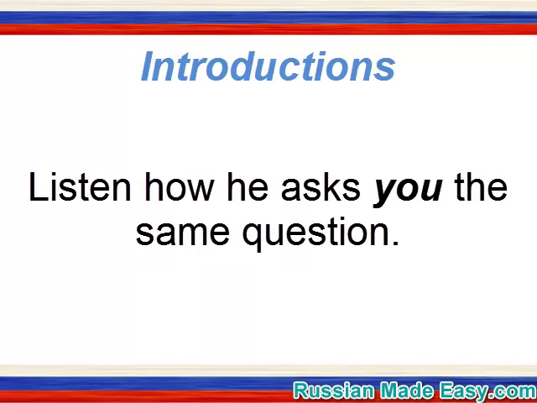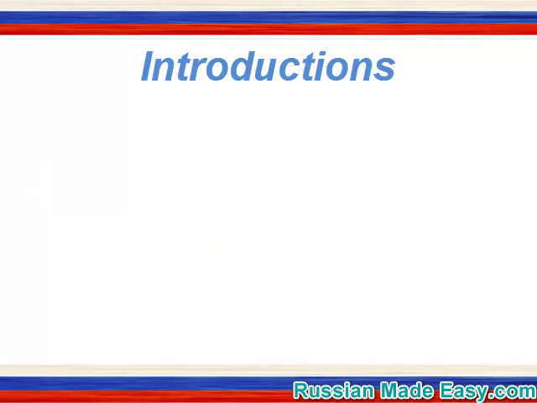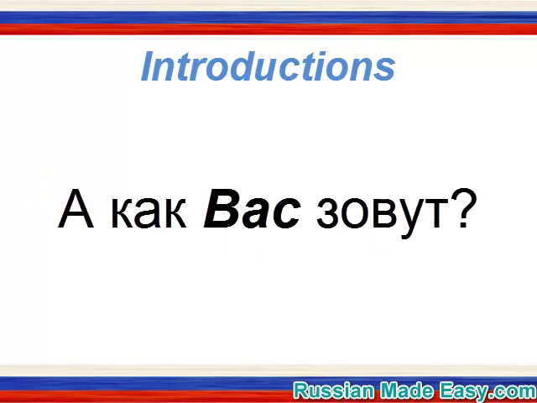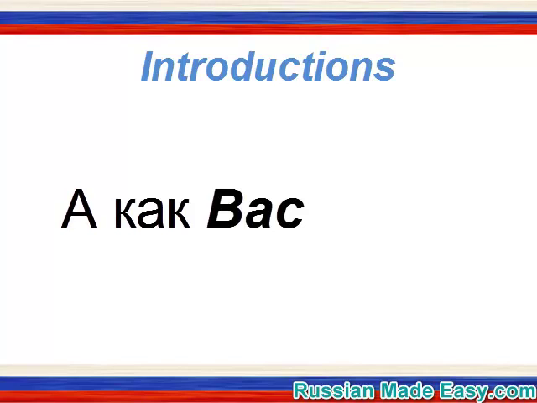Now listen how he asks you the same question. А как вас зовут? Did you catch how he added an ah sound at the start and how he emphasized vas a bit more? Listen again. А как вас зовут? In English, the exchange would be like this.